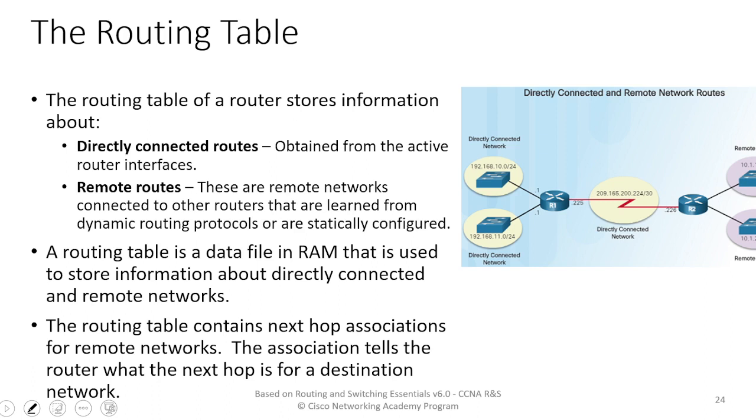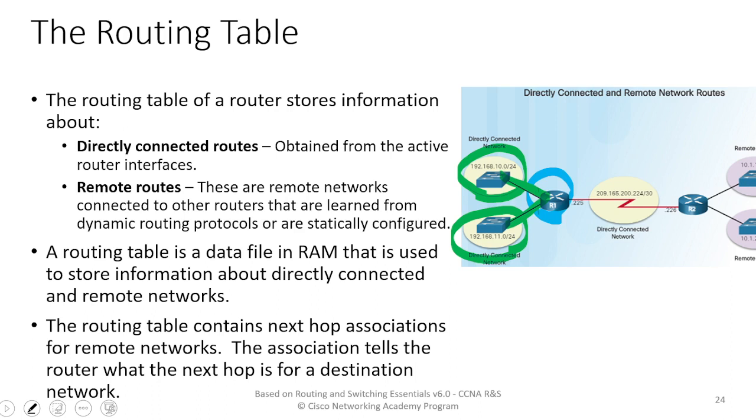Say, for example, in the case of this router, it has two directly connected networks: this 10.0/24 network and this 11.0/24 network. So these two are directly connected networks, and the routing table will have information about that.